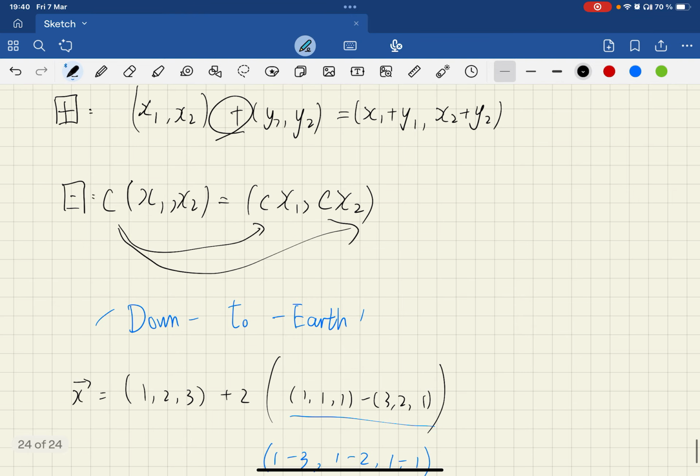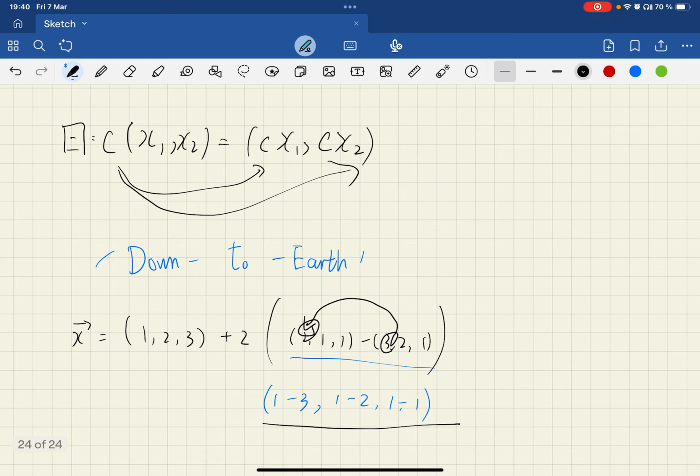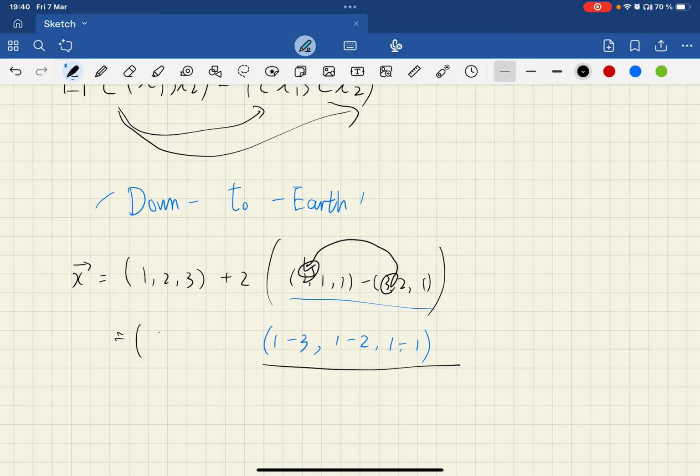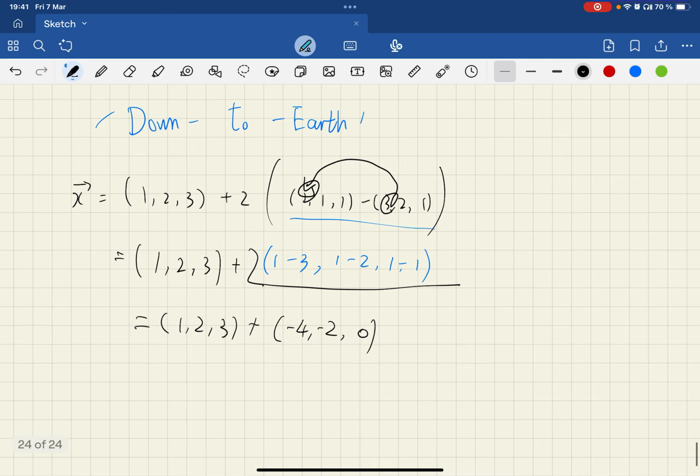So you subtract the second component from the first component of each component of the vectors. Let me repeat, it is a one-to-one relationship. Now you scale them by 2, and now we use the addition again to get the final result.